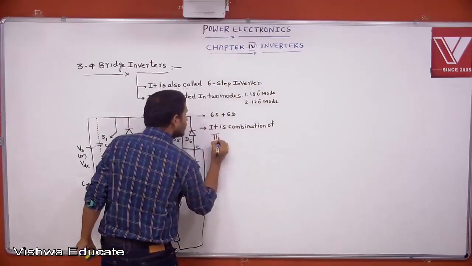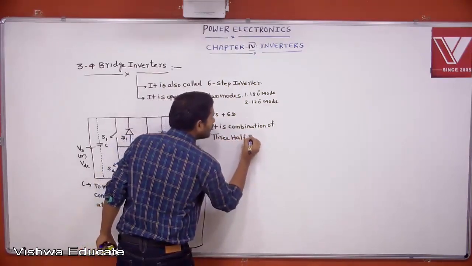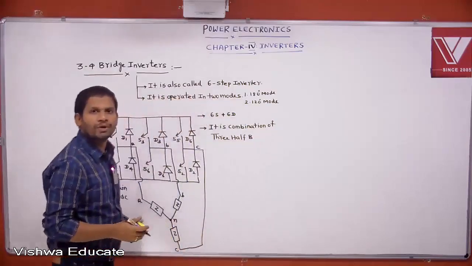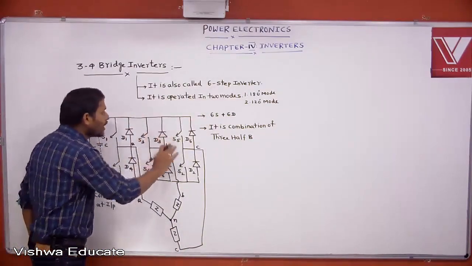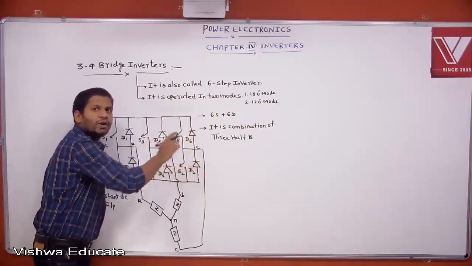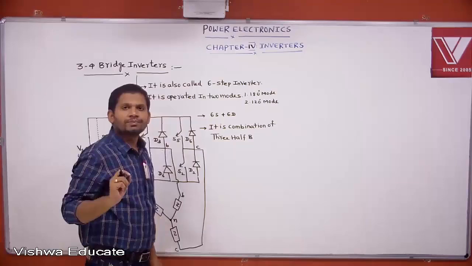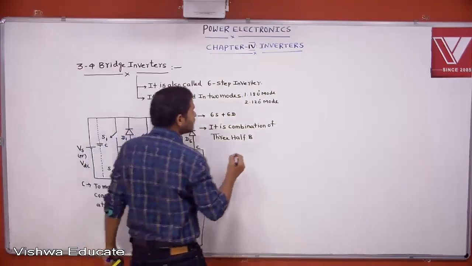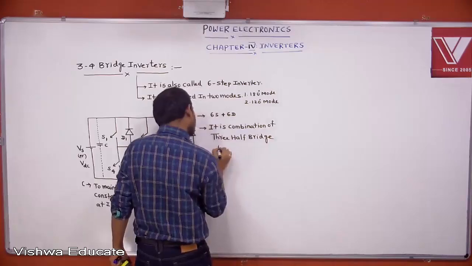Each phase consists of 1 half-bridge. This is one half-bridge configuration, and this is also one half-bridge configuration. This also is one. That's why it is a combination of 3 half-bridge inverters.